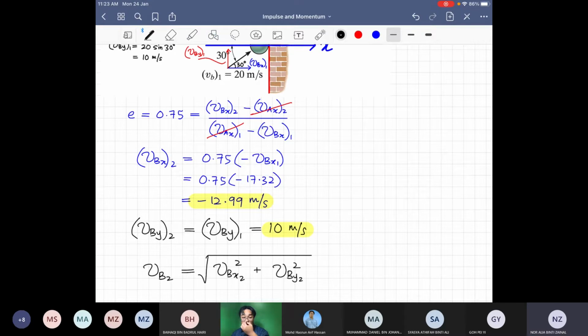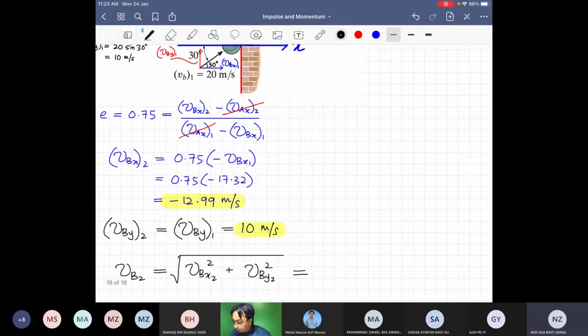Okay, ni calculate magnitude lah. Kita boleh ignore the negative sign, sebab bila square kan dia akan jadi positif juga. Negative sign will cancel. So 12.99 square plus 10 square and square root kan dia.